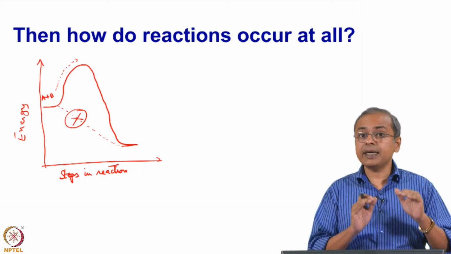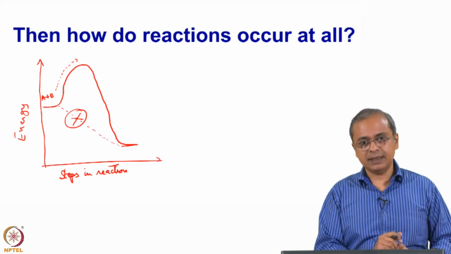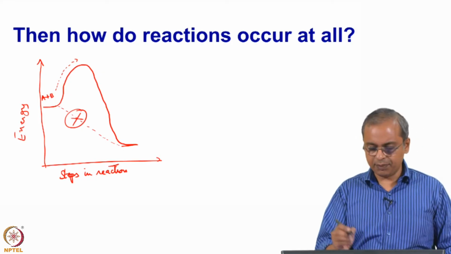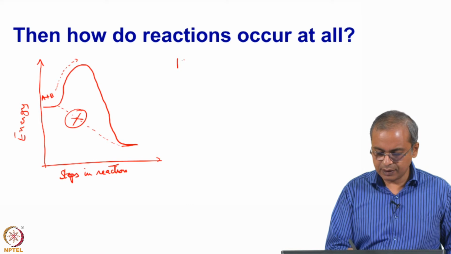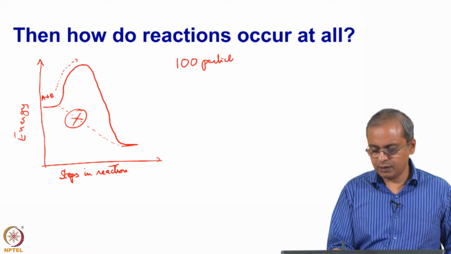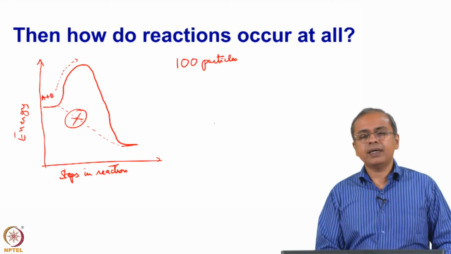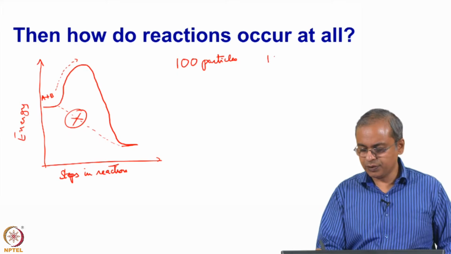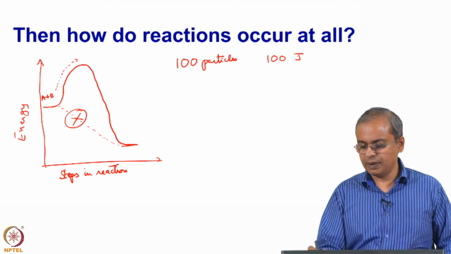The reality is that reactions occur. So why do the reactions occur? The reactions occur because, let us say you have a system of 100 particles, and let us say the overall system is sitting at 100 joules of energy.